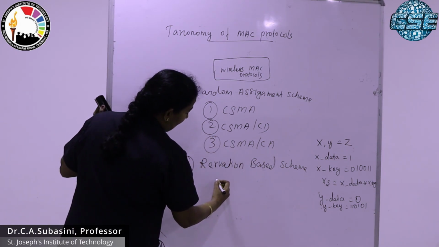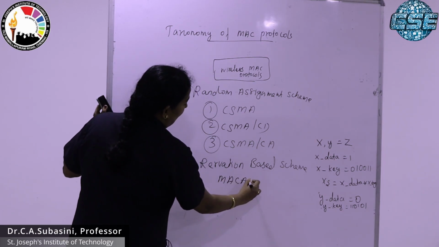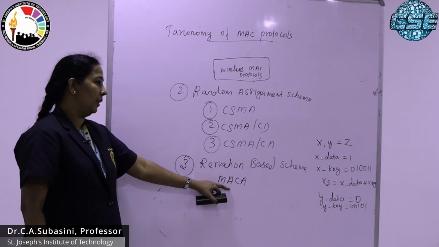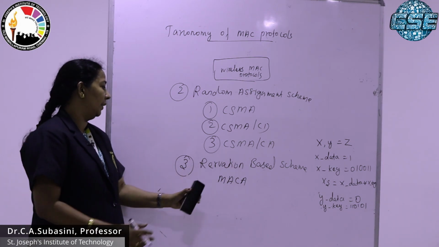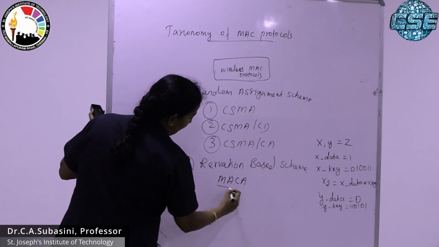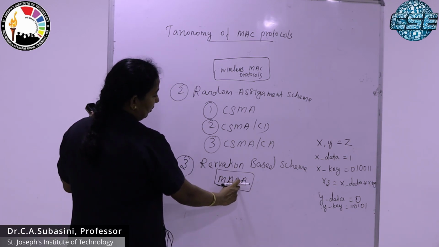So in this reservation based scheme, we are using MACA technique, multiple access collision avoidance technique. So this is the hidden terminal problem solving technique. The hidden terminal problem was already completed.